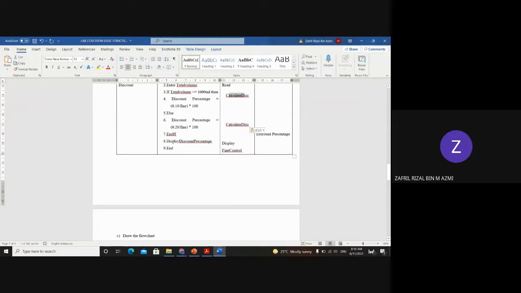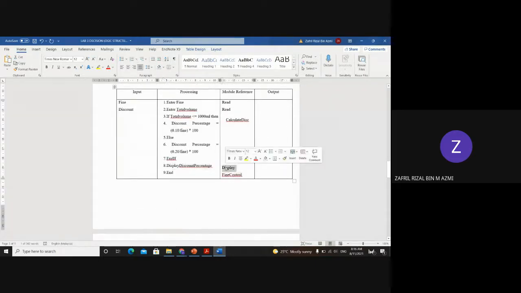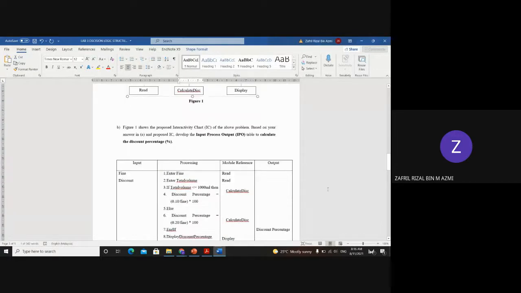Alright, and then display discount percentage. This is the module and this is the output. So this is inline, this one and this one are in the same line. And finally, end and return to the control. This is supposed to be the same as the main module.